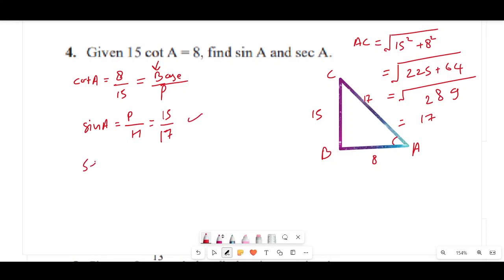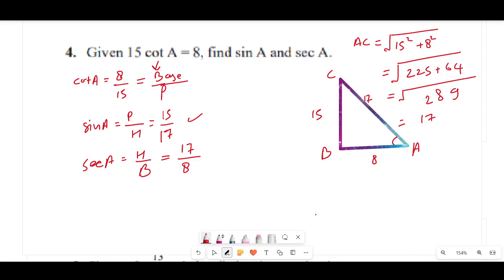Now for sec A, cos A is B by H, so sec A is H by B. Here B is the base, hypotenuse is 17, and base is 8. Clear? That is the answer.